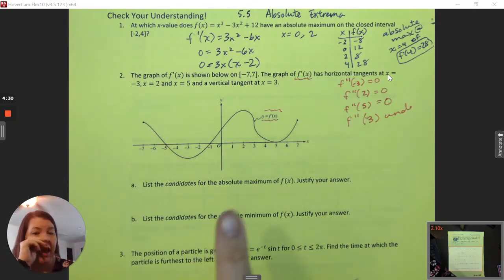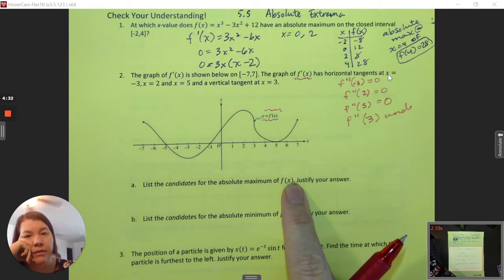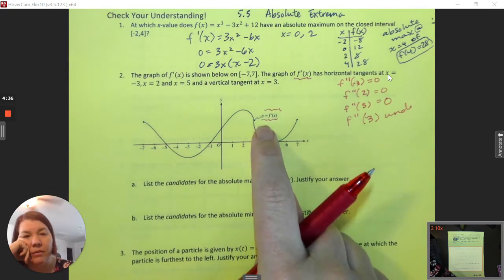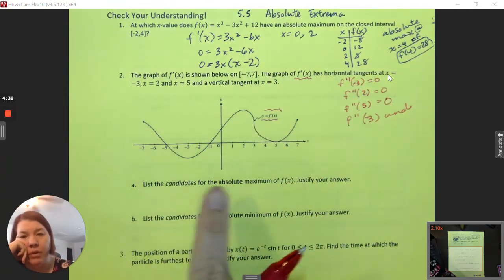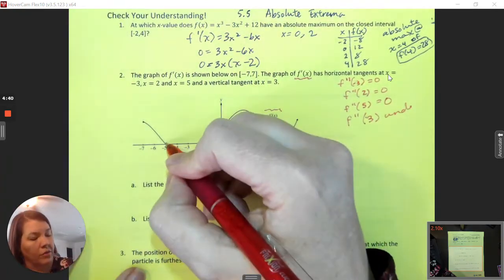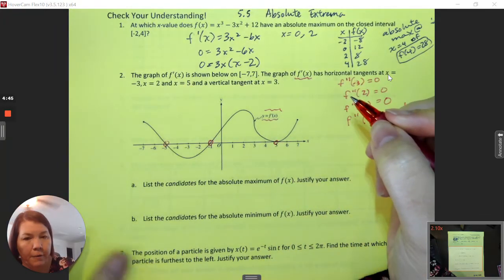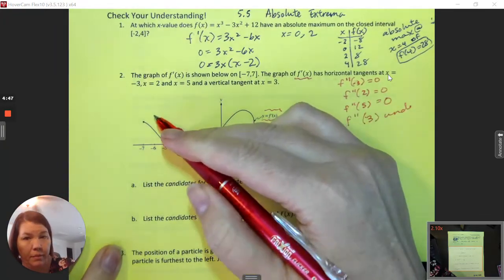List the candidates for the absolute max of f of x. The candidates for the absolute max, not of this, but of the original that we don't see, occur when the derivative is equal to 0, and at the endpoints.